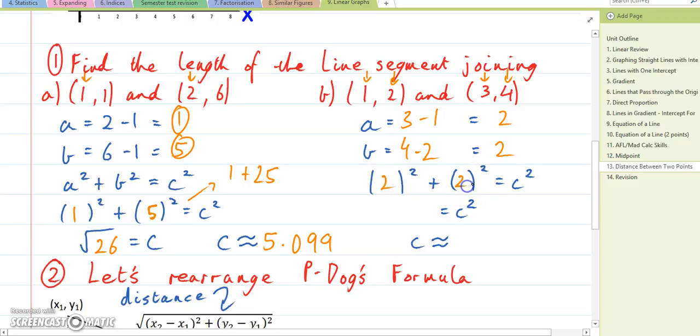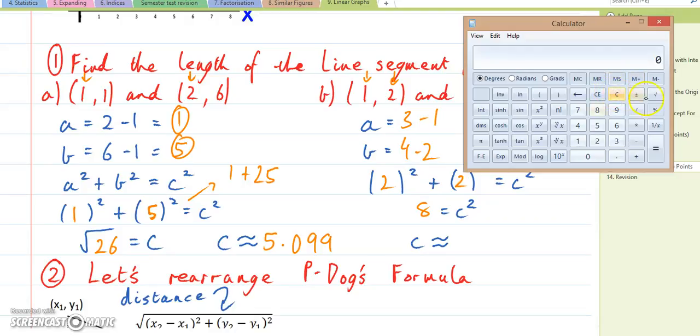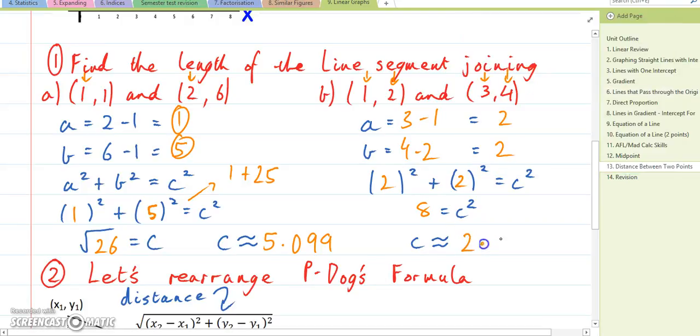So we've got 2 and 2, which is going to get us to 8, I believe. 2 squared is 4, 4 plus 4 is 8, and the square root of 8, again, perfectly acceptable answer there, is 2.83, depending on what decimal places you need to go to.